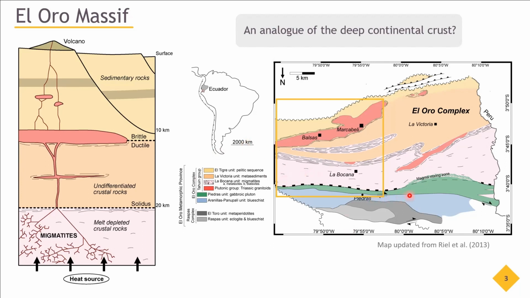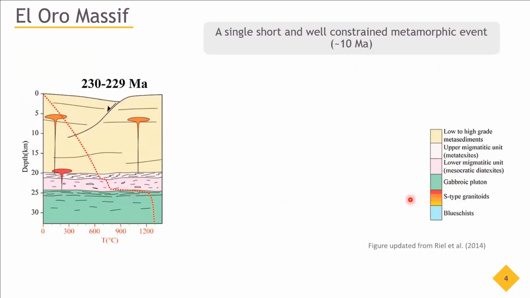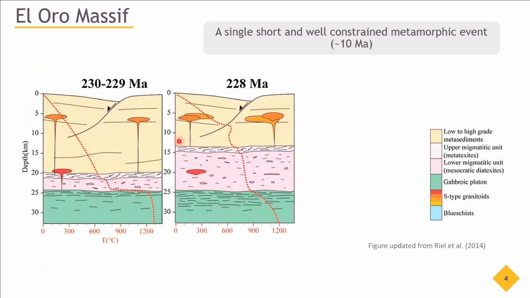If you look at the black line here, you have a gabbro at the bottom, and then blueschist metamorphism. If we look at the history of what happened here, we had a deep continental crust that was intruded by a gabbro at the bottom that provided a heat source that produced melting, so we have the formation of migmatites.